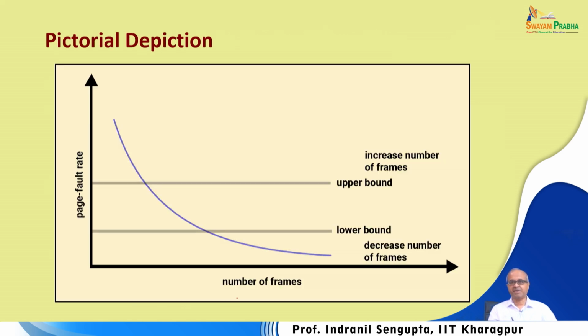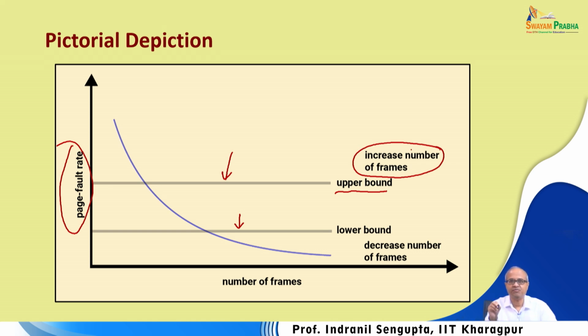Pictorially, this is depicted like this. So, with respect to the page fault rate, there are two thresholds which are pre-decided, upper threshold and lower threshold. So, if at any point in time it finds that the number of page faults is exceeding the upper bound, then you increase the number of frames, allocate more frames.